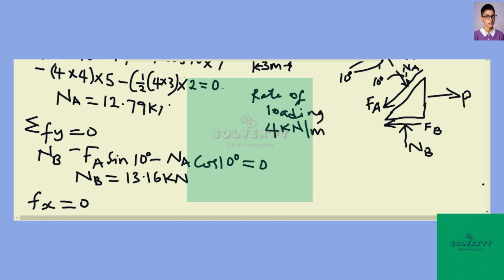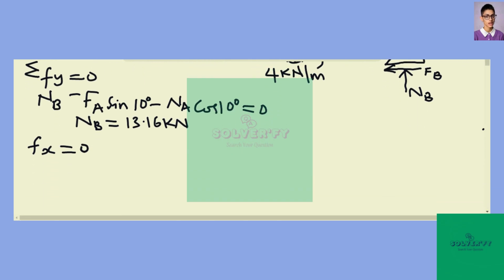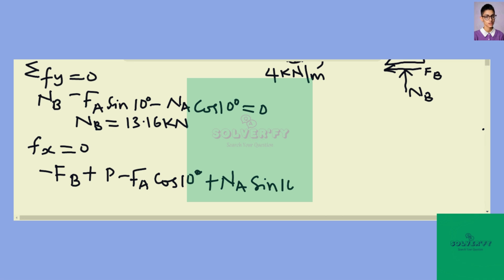When you do that, you're going to have minus FB, just pick them from the diagram there, FB plus P minus FA cos 10 degrees plus NA sine 10 degrees, equal to 0.